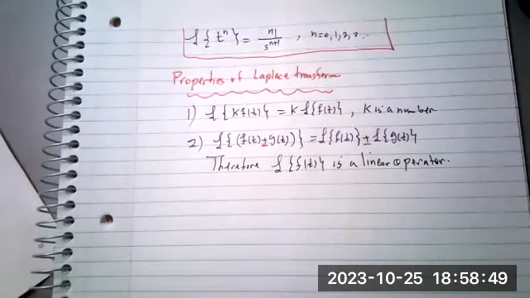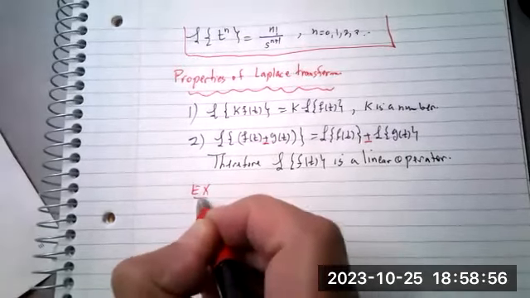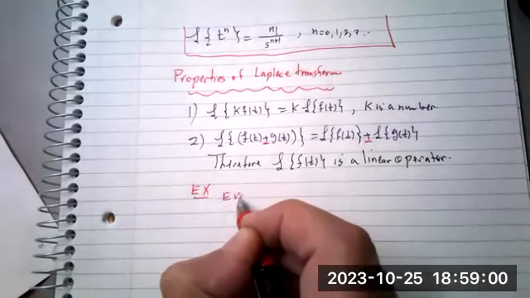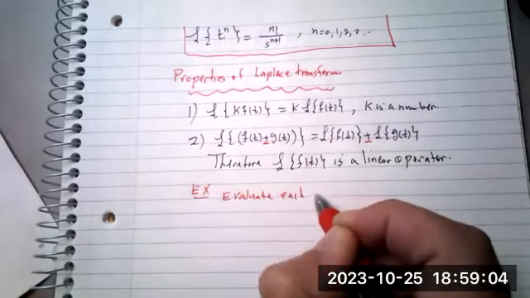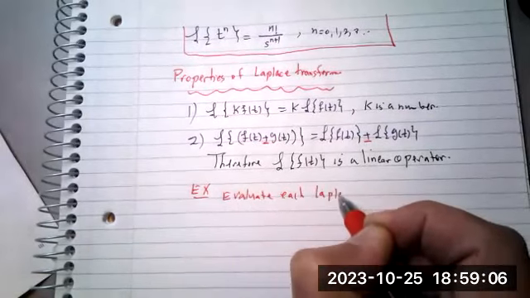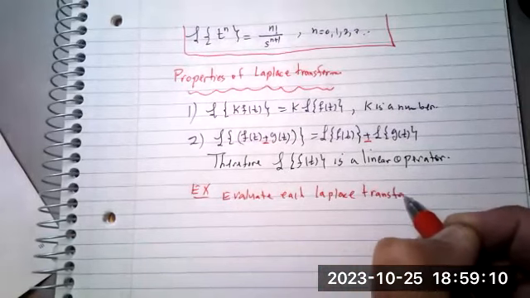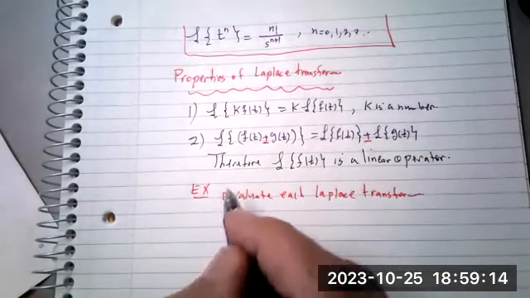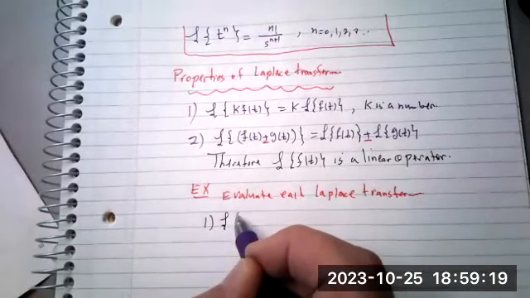And this is your first serious problem that you're going to have in this section. So what is the problem? You would like me to evaluate each Laplace transform, just using the properties that we talked about. The first one, you want to find the Laplace of this function.